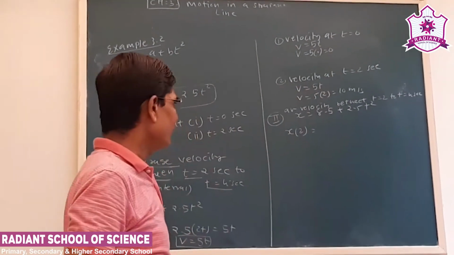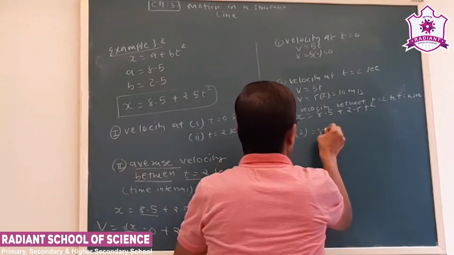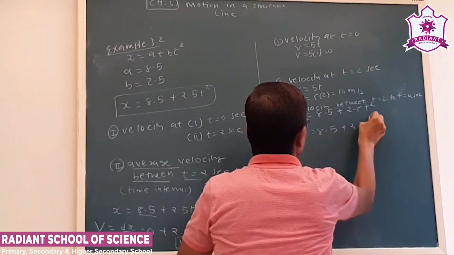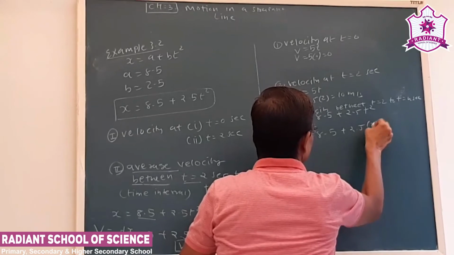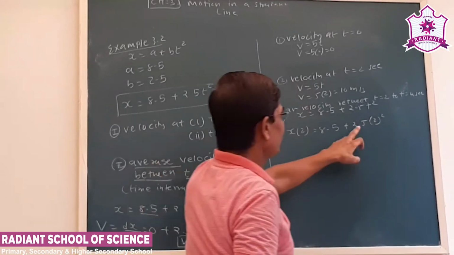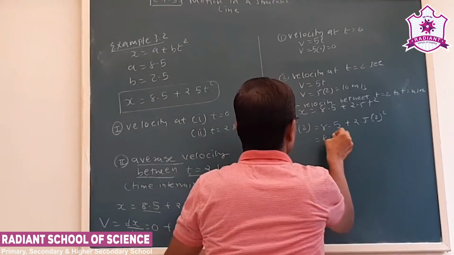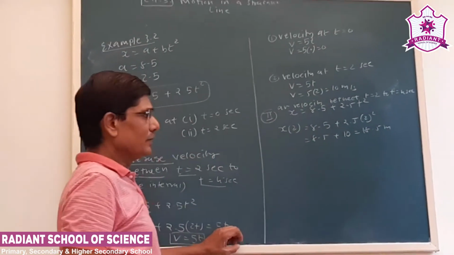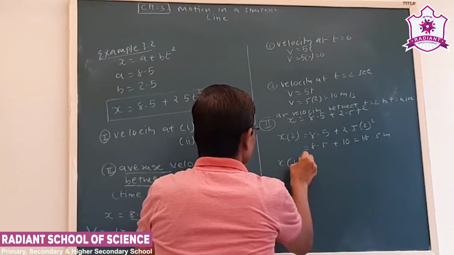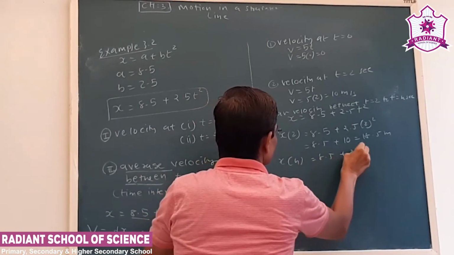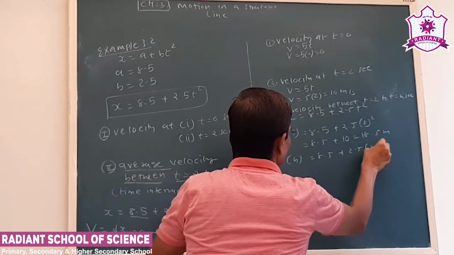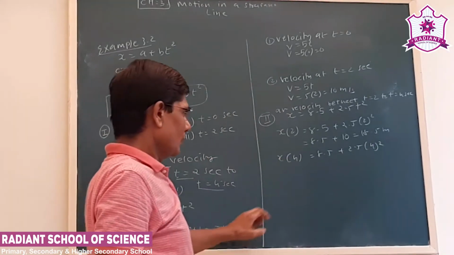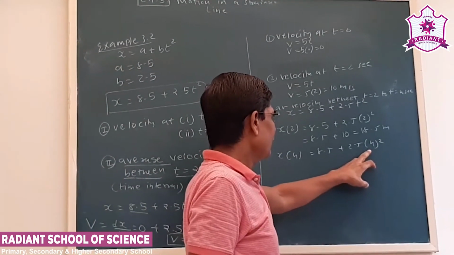Okay. So first we will find out position at 2, that is 8.5 plus 4 into 2.5 is 10. Okay, now x4 is 8.5 plus 4 square, 16, into 2.5.